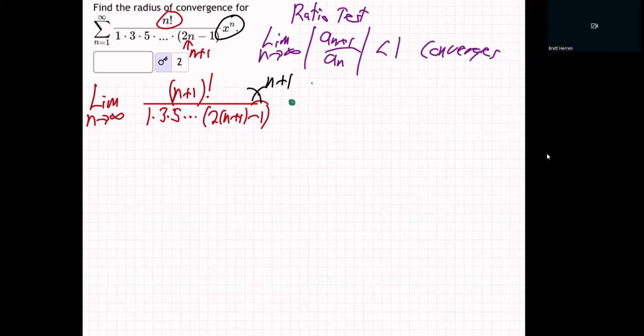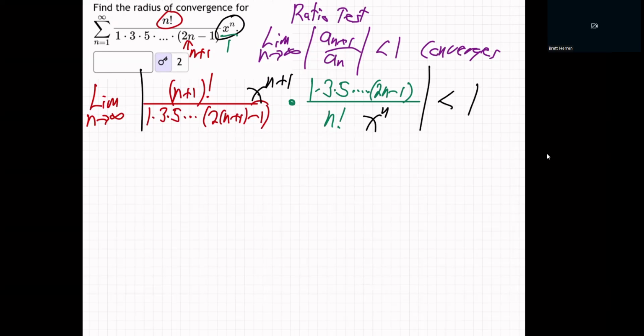This will be the 1, 3, 5, up to 2n minus 1, and we'll have the n factorial on the bottom. The x was over 1, so when it's flipped, it'll be down there. Absolute value, less than 1. It'll converge wherever it's less than 1.